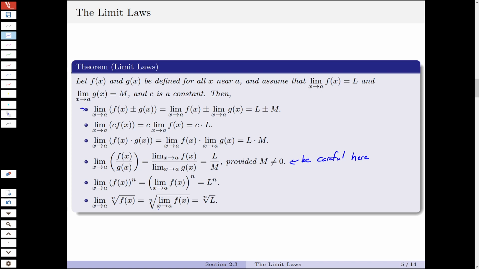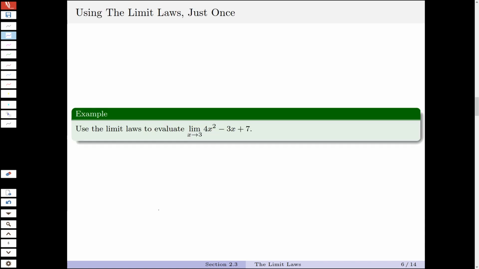All right, let's look at how we can actually apply the limit laws. So here's an example. I want to use the limit laws to evaluate this function. What I'm going to do is think of this function as being these pieces all added and subtracted separately.